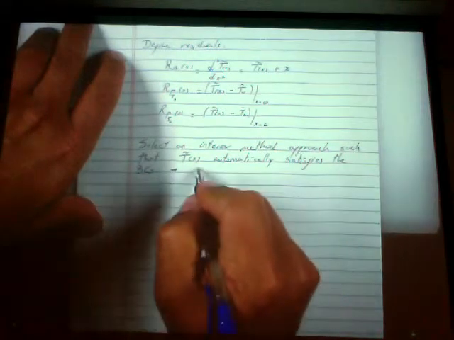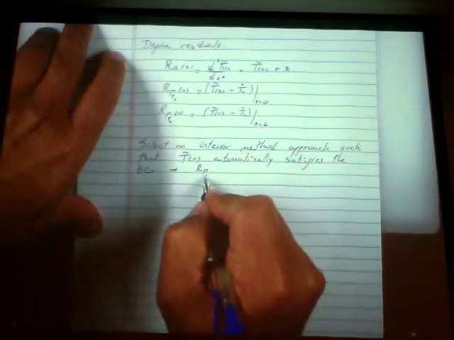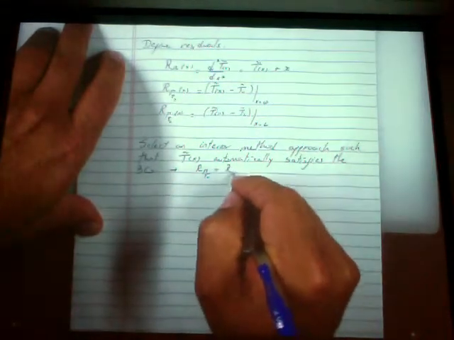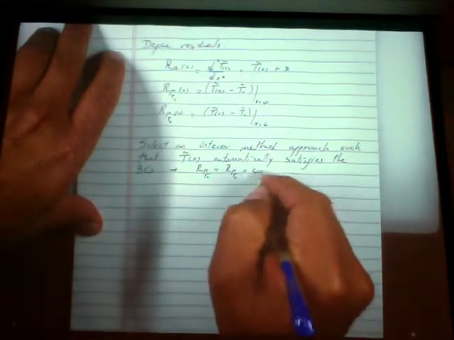And therefore, the residual on this portion of the boundary is equal to the residual on this portion of the boundary, which is equal to 0.